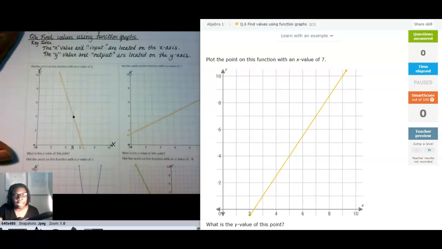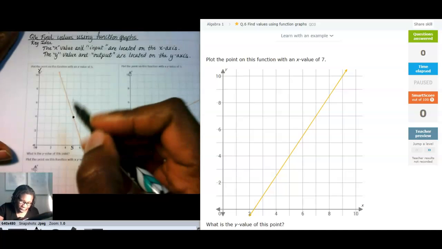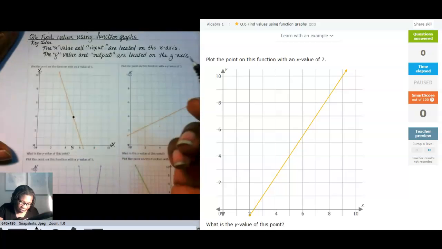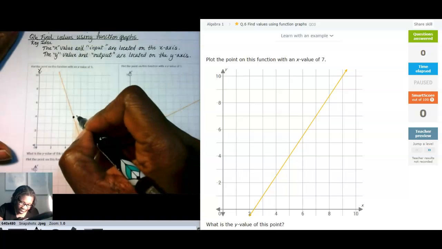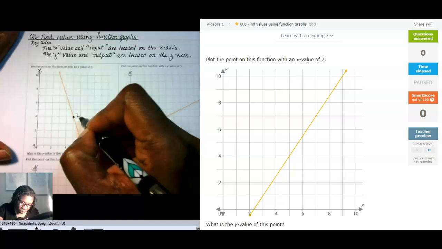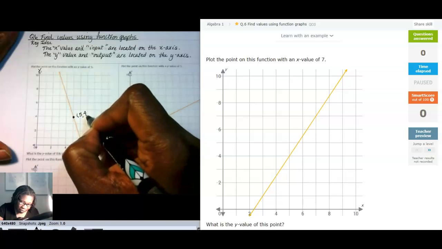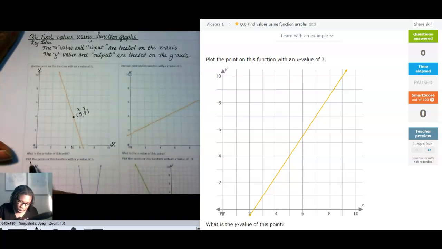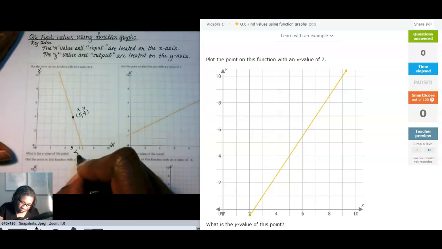If you're not sure what to do, go over to wherever you see your x value or y value, whatever they're asking for, and actually write the ordered pair. So this ordered pair would be 5, 4. Well, 5 is x and 4 is y. So the y value would be 4.